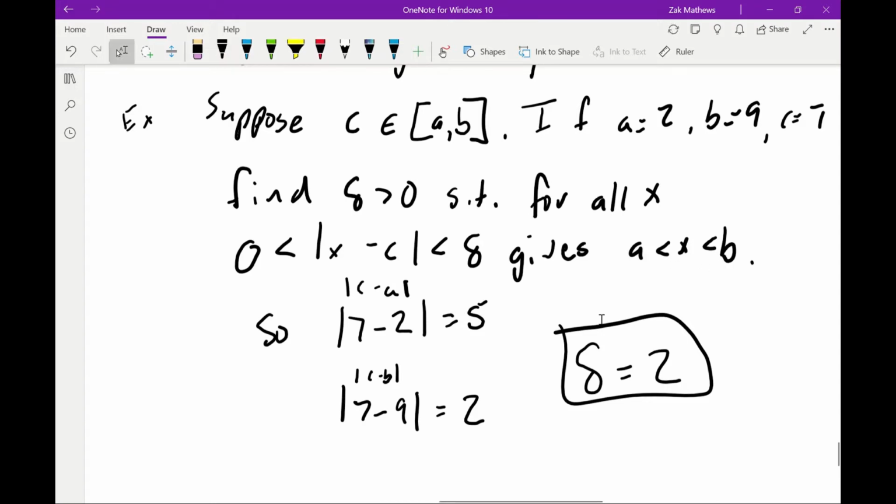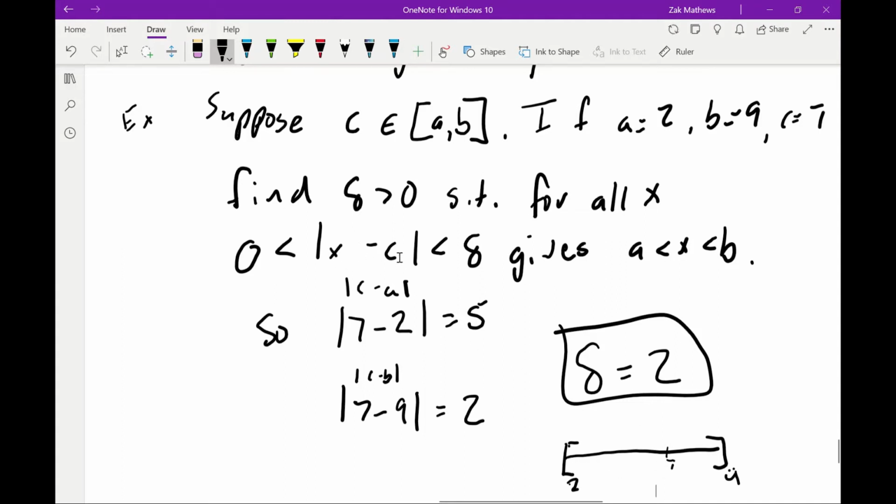Let's draw this out on a number line, because I think the picture really does help. What we are saying is our number line spans from 2 to 9. C is some number floating in between them. In this case, C is equal to 7. What is the max distance that I can move from any number to stay inside that range?